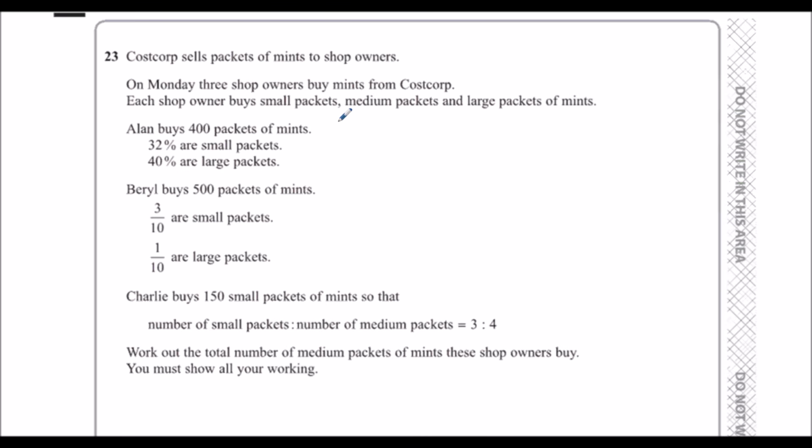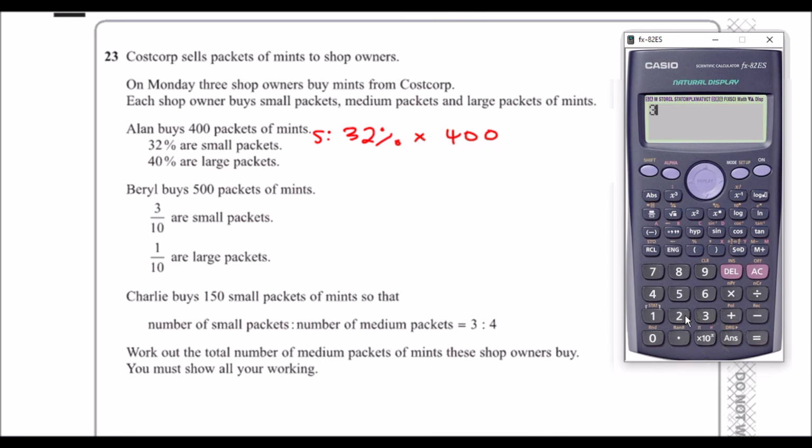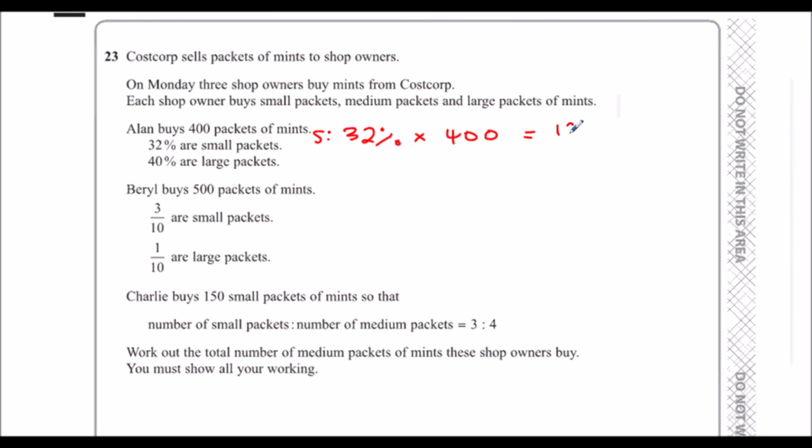So let's work these out. We're going to need to know this. So for small, we've got 32% of 400, which is 128.